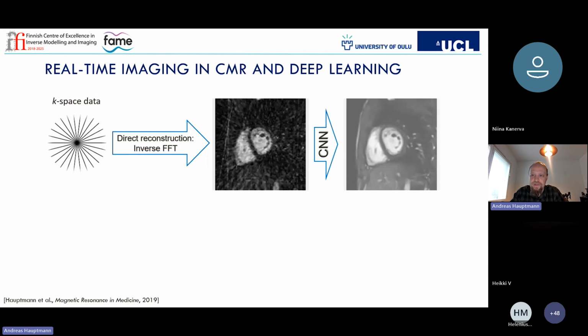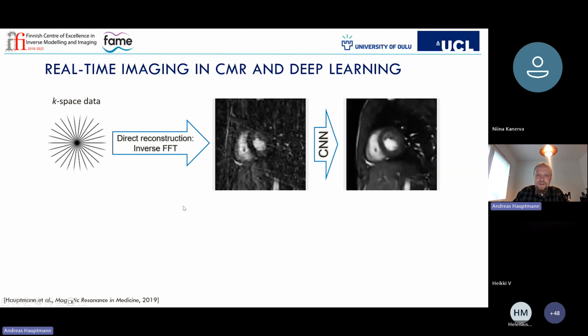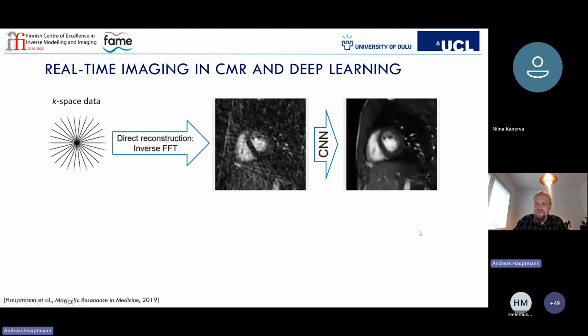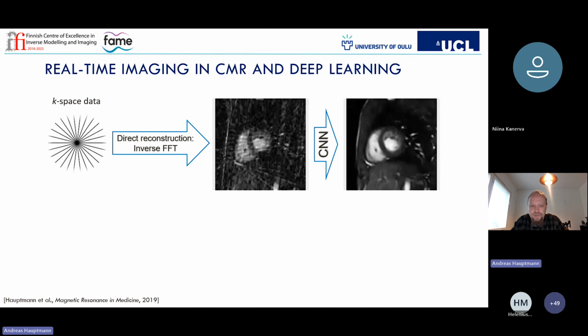And this gave us amazing results. By just training a CNN as a so-called post-processor to clean up this image, we got really nice reconstructions of this heart, which were clinically actually better than any classical reconstructions to deduce any markers from it.